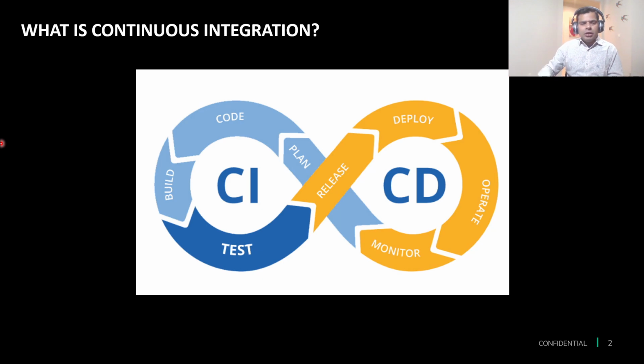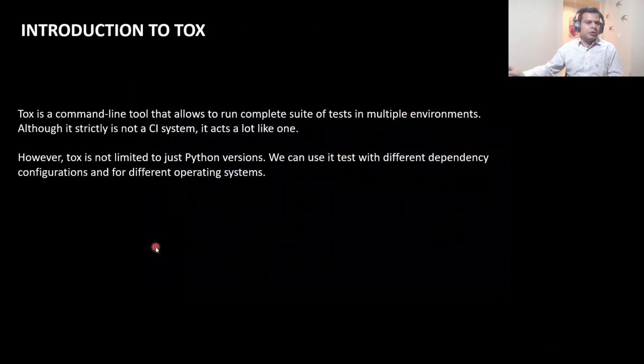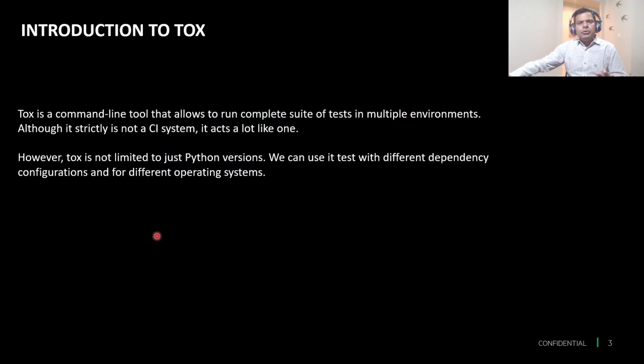So let's see how, while using tox, we will be able to implement the same thing. Tox is a command line tool which helps us to run tests in different environments. It is not a CI system, but it acts like one. And in a few steps, we'll be able to set up CI on our local machine, even on the server side.